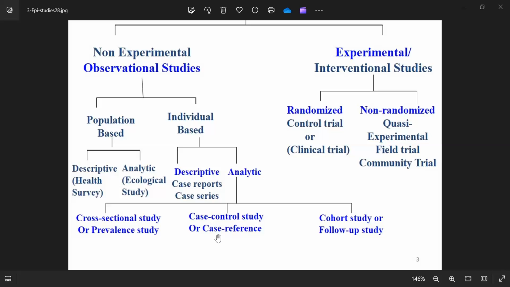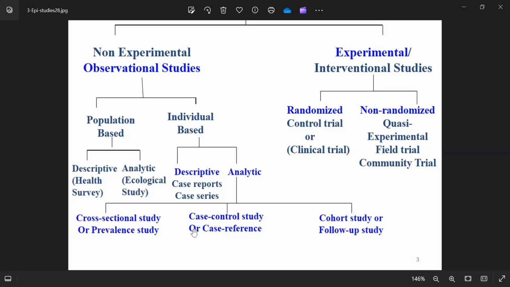Like the word suggests, in case control there are two groups. We are going to get two groups of participants: a group who has the condition and a group who do not have the condition.